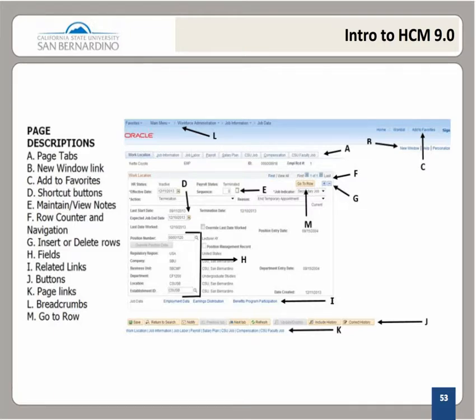J. Buttons indicate various commands, such as insert row, save, next record in list, include history, refresh, and so on. K. Page links are found at the bottom of the page and allow you to navigate through a component. L. Breadcrumbs are displayed at the top of every page for easy access to pages you have visited. M. The Go To Row button allows you to search for a record by entering a date or a row number. You can still click through the record by using the arrows if you prefer.